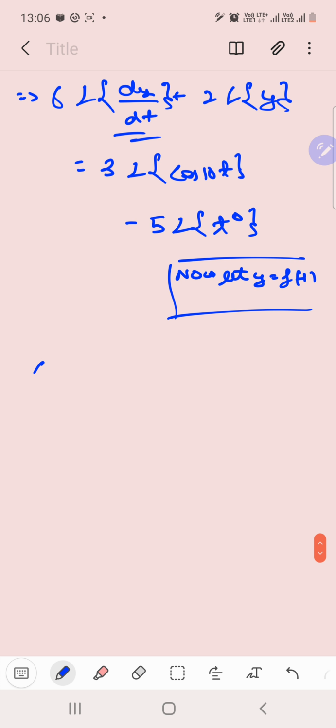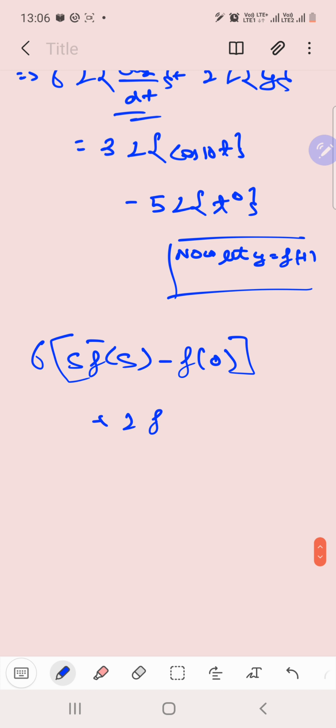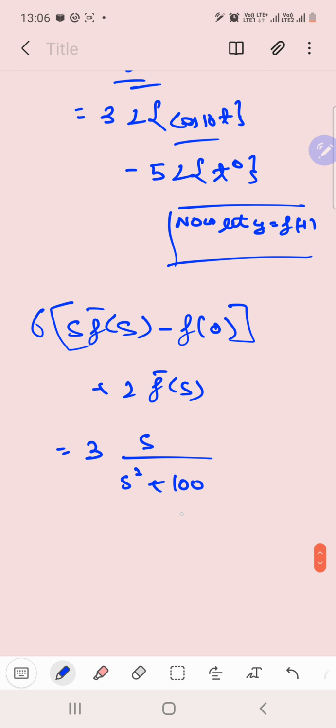So here we get 6 times (s f bar s minus f(0)), plus 2 f bar s, equals 3 times the transform of cos 10t. So this becomes 3 times s over s square plus 10 square, so 100, minus 5 times gamma of n plus 1, that is 1, over s to the power n plus 1, that is 1.